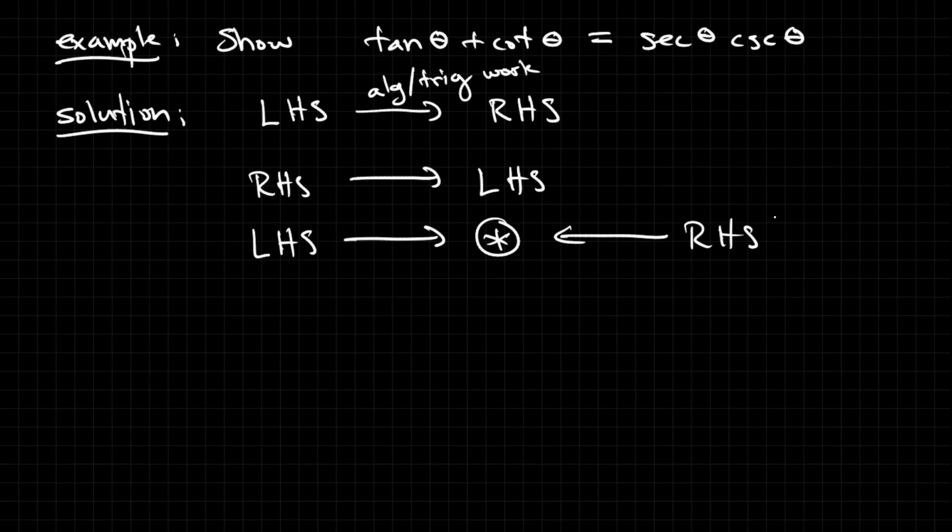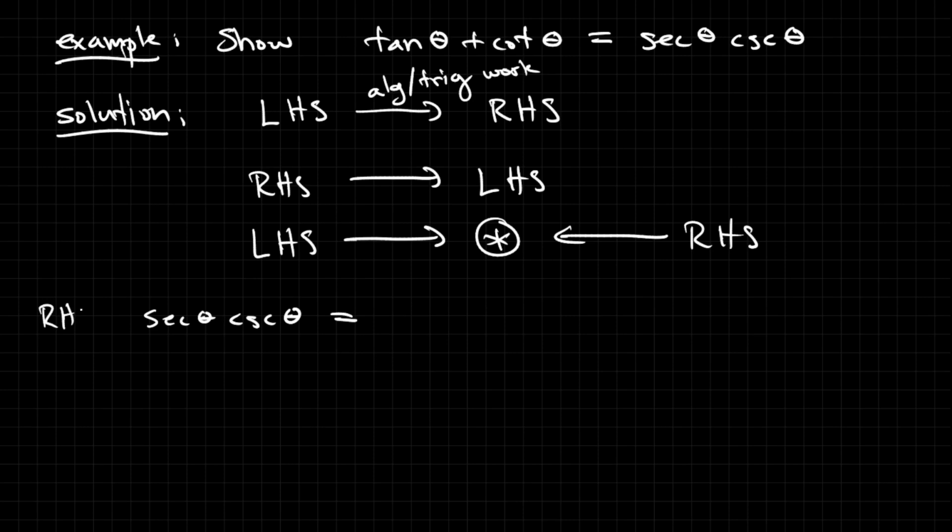In general, what I look for is what side can I do the most work with? What side sort of lends itself to change more? And what I mean by that is, let me take a look first at the right-hand side. Secant theta, cosecant theta. So what I could do is apply the reciprocal identities to this.